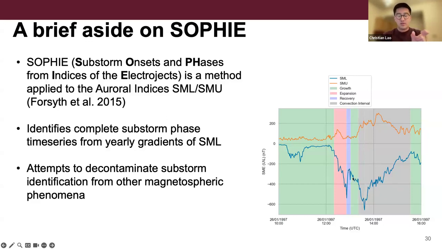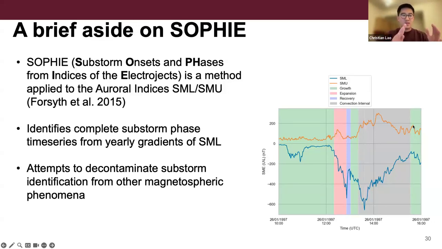Then there's another period of growth. There's another SML bay. However, this SML bay is correlated with the increase in SMU at that time. Therefore, the SOPHY algorithm has identified this as an enhanced convection interval. Additionally, it also identifies the recovery phase as part of that convection interval. And then we go back into a growth phase.